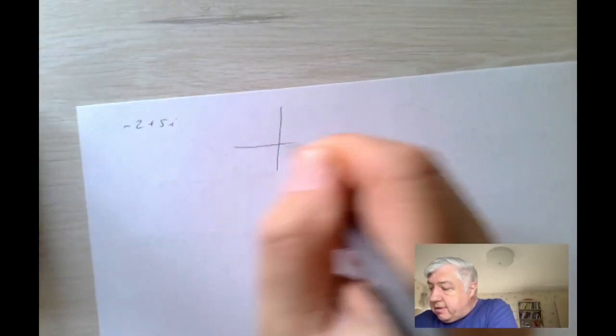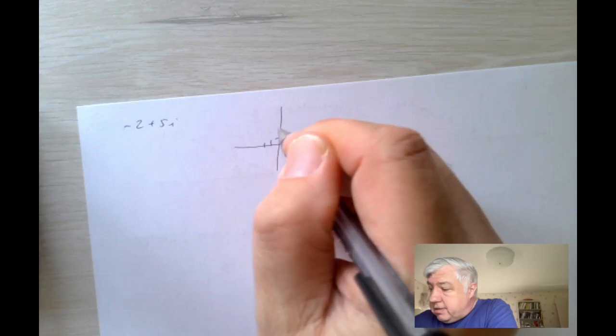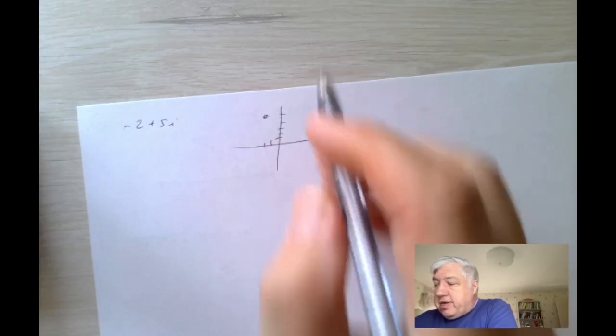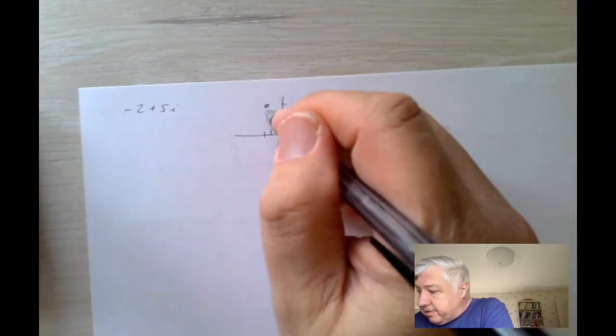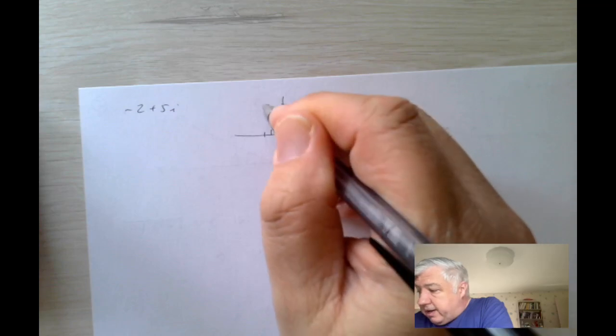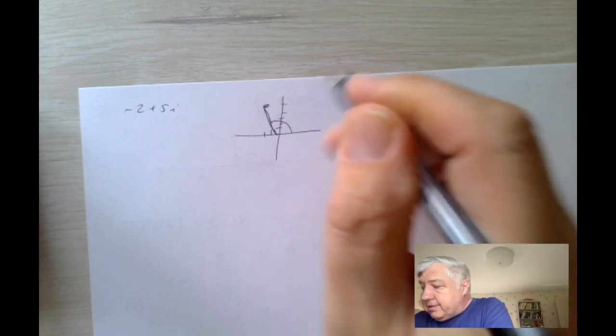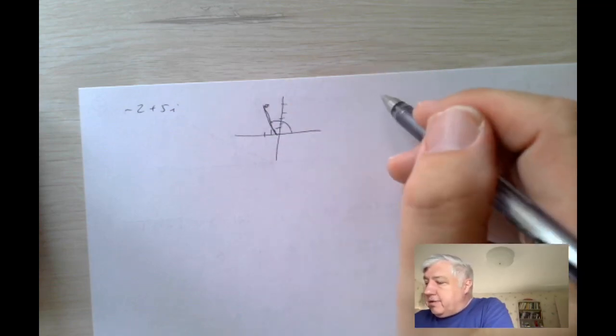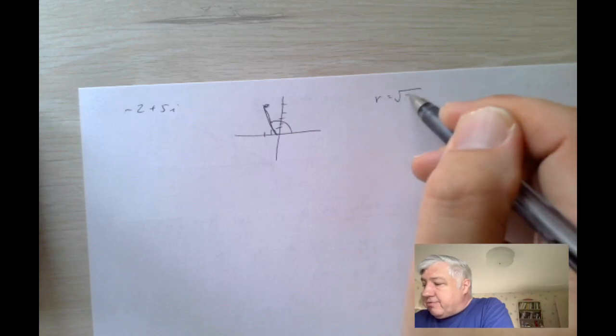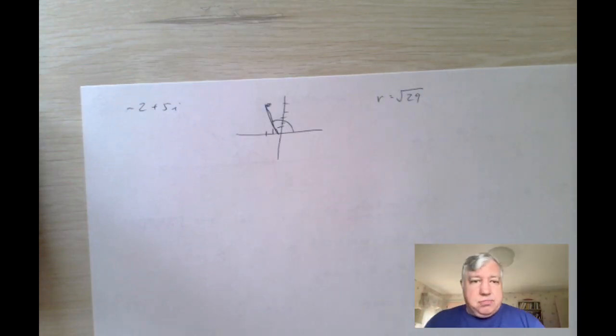And I go over here. Okay. So that's over here. It's in the second quadrant. Okay. So our angle is going to look like this. r will still be the square root of 29, because negative 2 squared plus 5 squared is 29.